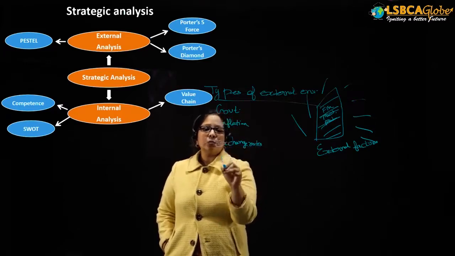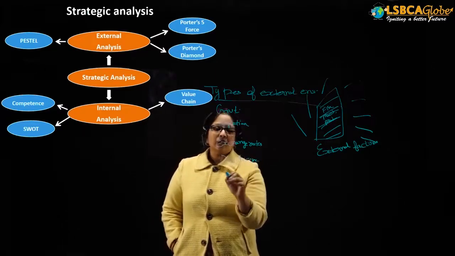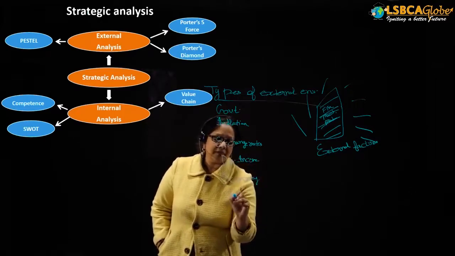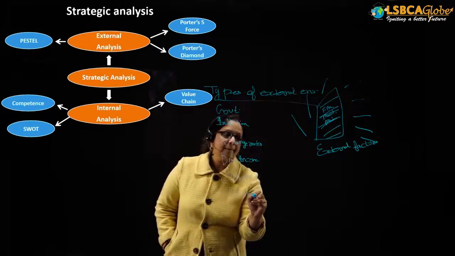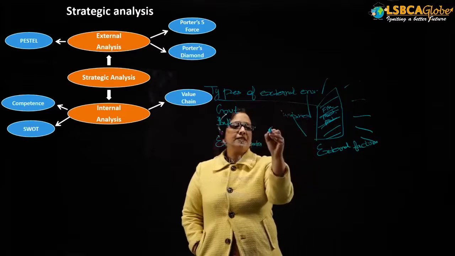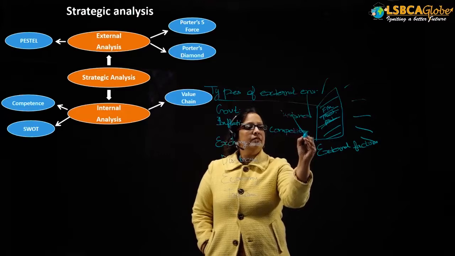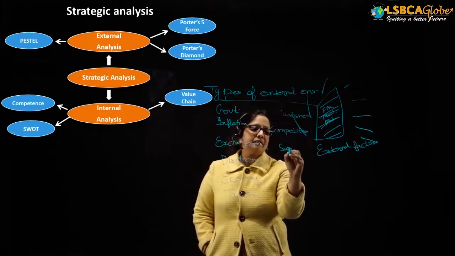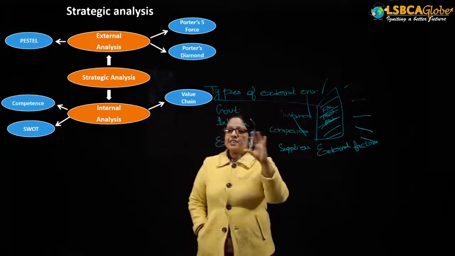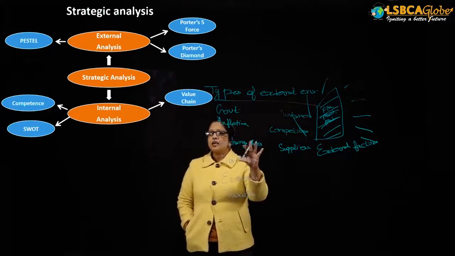Disposable income of the consumers. Economy. Taxation. Customers. Competitors. Suppliers. Okay. So basically class, these are the factors. There are much more than that, but basically these are the factors.